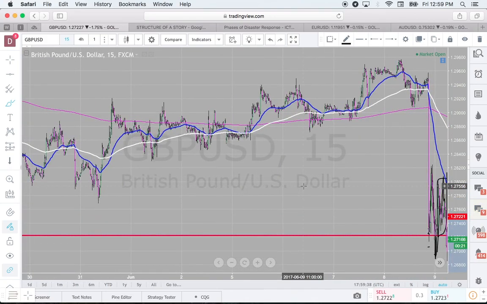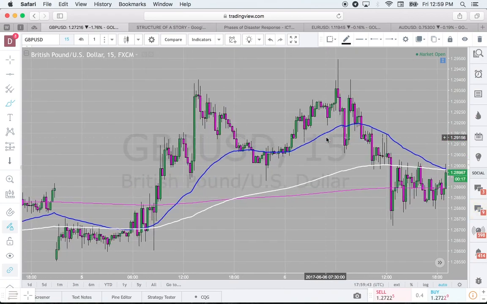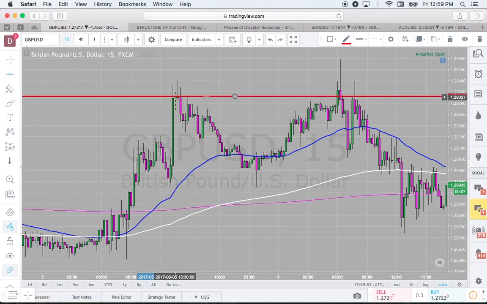So sometimes you'll see big stop hunts like this, and it all depends on the pair. The currency pair really determines the volatility of each stop hunt.